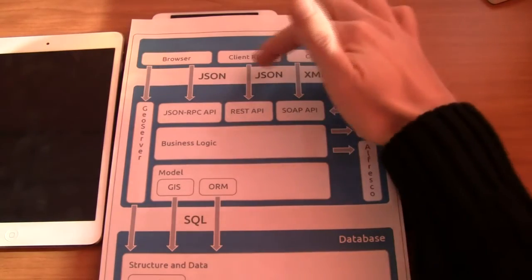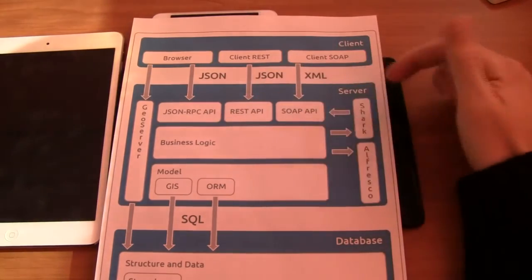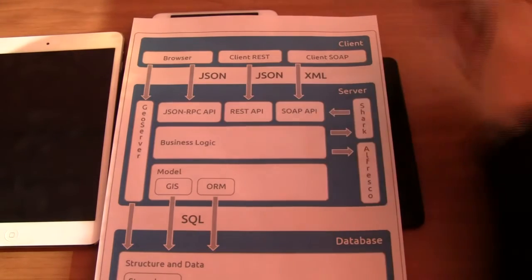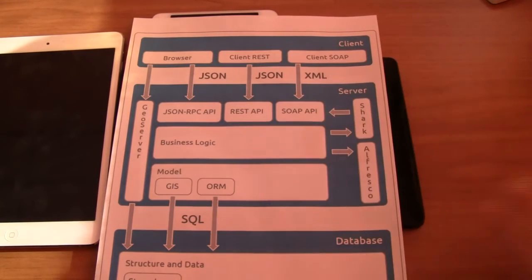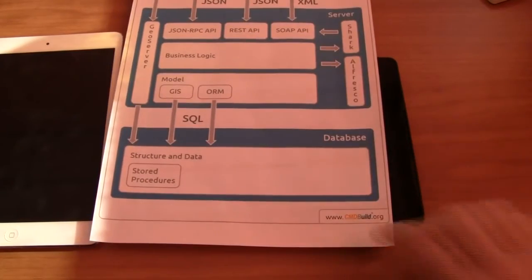The mobile application communicates with CMDBuild using JSON format data, and this allows the application to read and write data to CMDBuild. This is a new layer inside CMDBuild and is part of the latest CMDBuild 2.3. The rest is just the CMDBuild architecture.